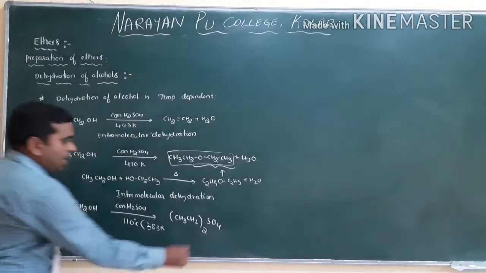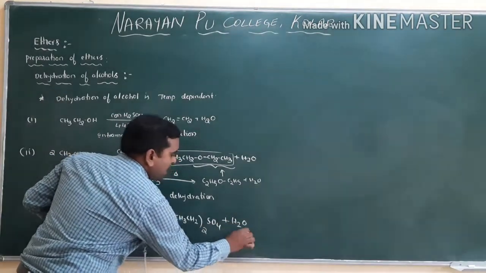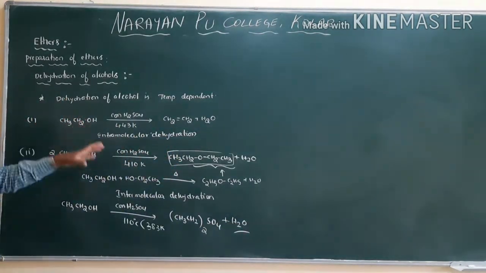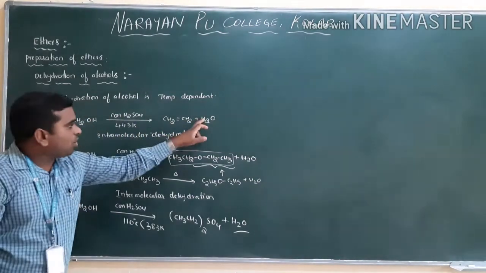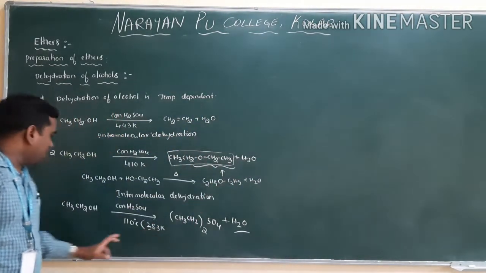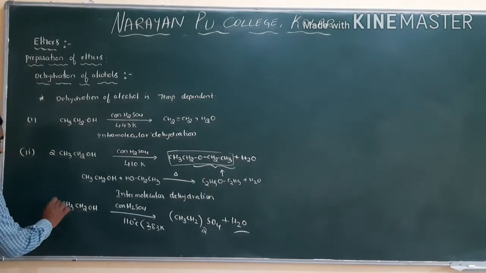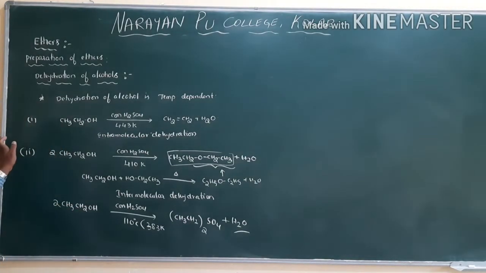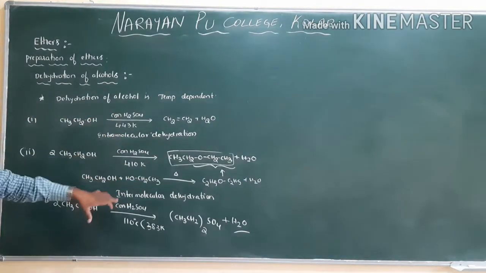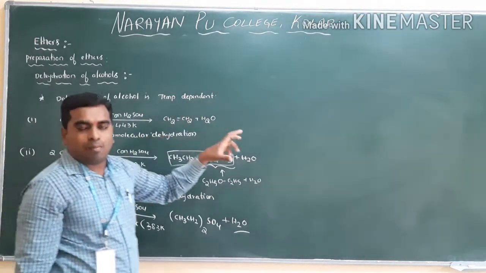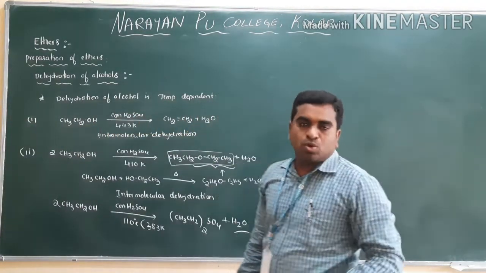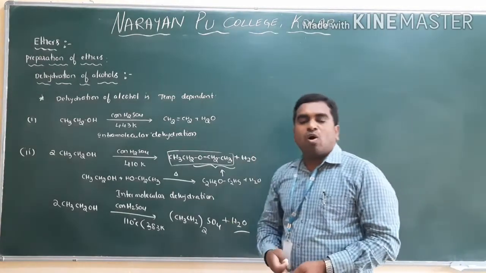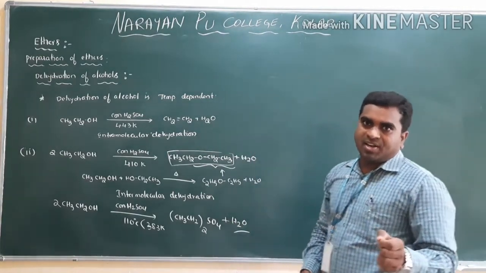And here also what happens? H2O is removed. All these reactions are dehydration reactions only. Here also a water molecule is removed, in this case also, and in this case also. All are dehydration, but which product forms depends upon the temperature. So that's why dehydration of alcohol is a temperature dependent reaction.